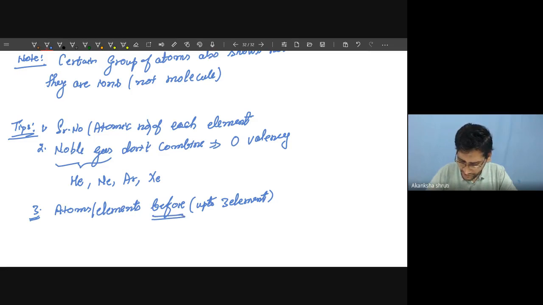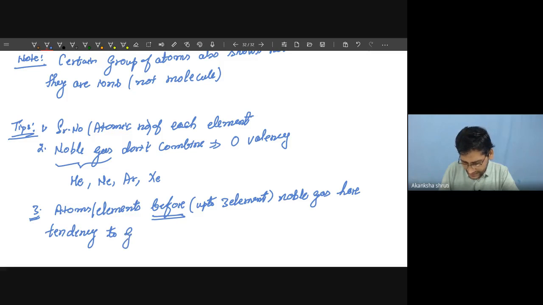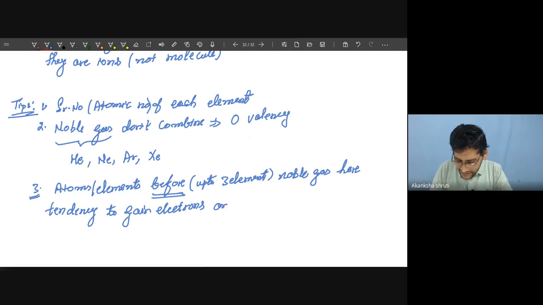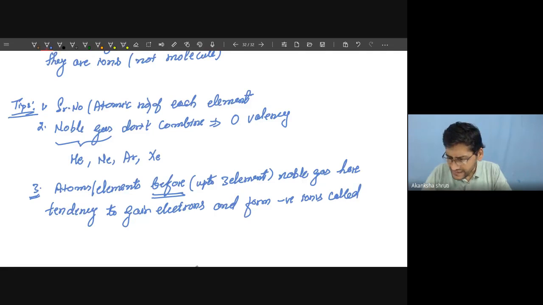So if they are before a noble gas, they have the tendency to gain electrons. Electrons I will define later, but here it is important to understand, that's why I'm using the term electrons, and form negative ions. These negative ions are called anions.